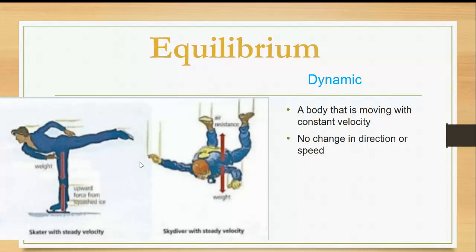So you can see that everything is moving in a constant speed and there's no change in direction or speed. Same with the skydiver. They're falling, they're traveling very fast, but everything is moving at a constant speed in the same direction at the same time.